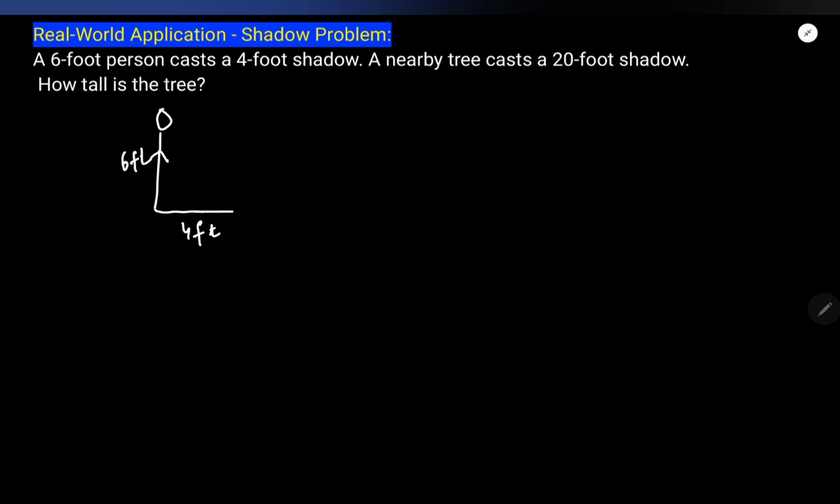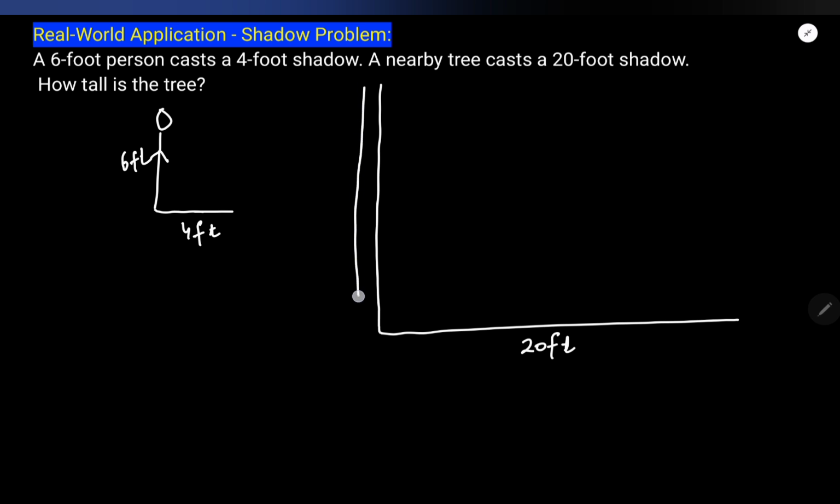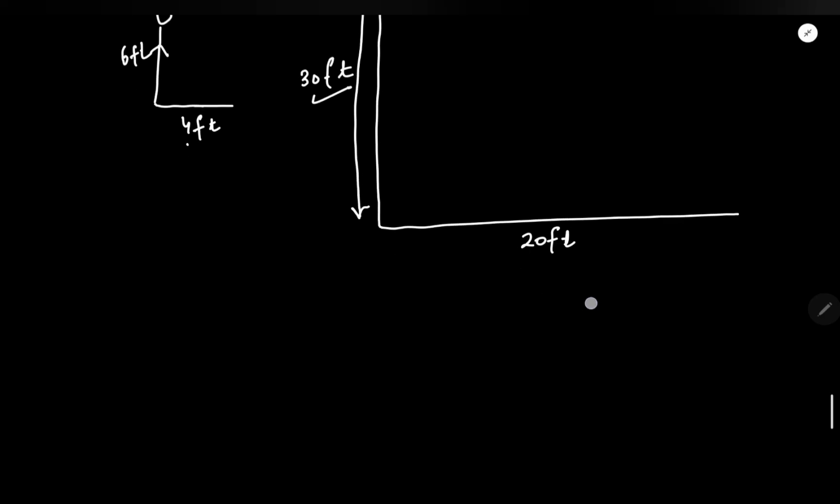A nearby tree casts a shadow 5 times 20 feet. How tall is the tree? This is 5 times, so the height will also be 5 times, so this is 30 feet. That's it. So this is the scale actually, right?